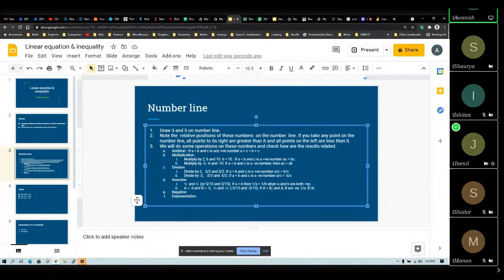Sir, 1/B is larger than 1/A. So -5/15 is larger than -3/15. Correct?